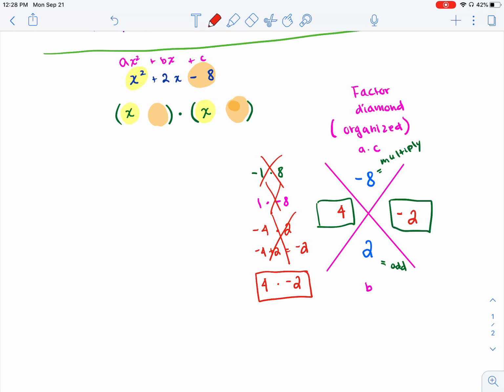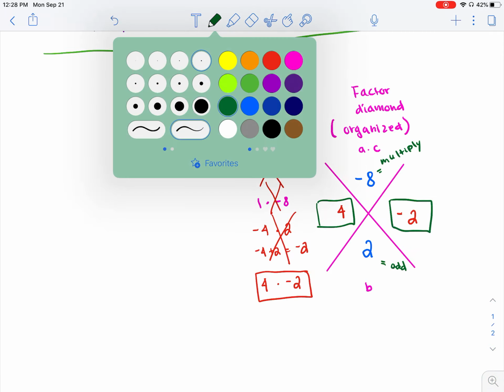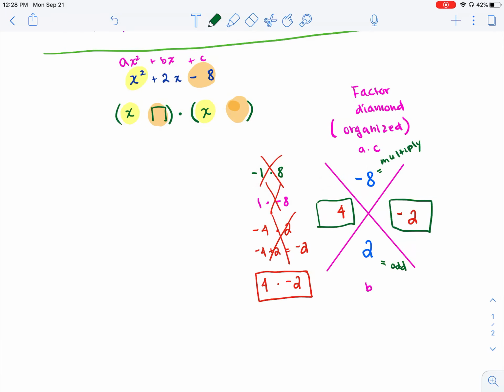The moment you get the 2 numbers, one number you're going to put in the orange, and the other number you're going to put here. So we have x plus 4, one of our numbers is 4, times x, and our other number is -2.